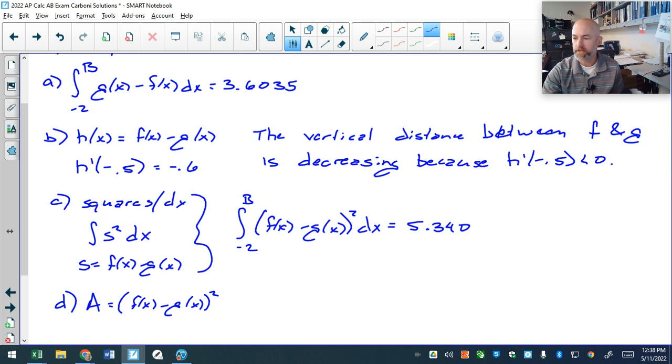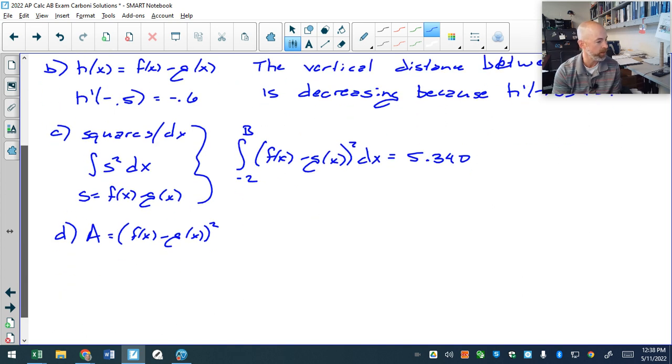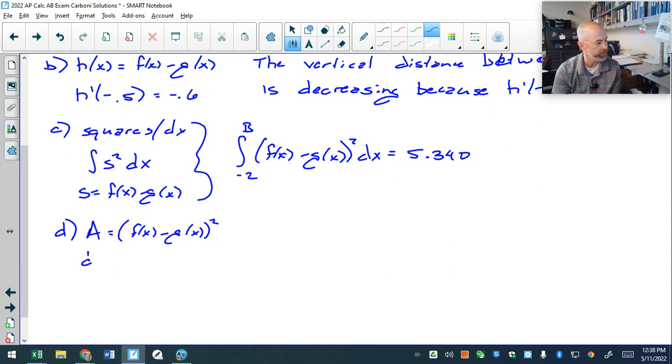If your vertical line is moving from left to right, your x's are changing. And it says we are moving from left to right at 7 units per second. So left to right would be a rate of change of x. So dx/dt will be 7 units per second.